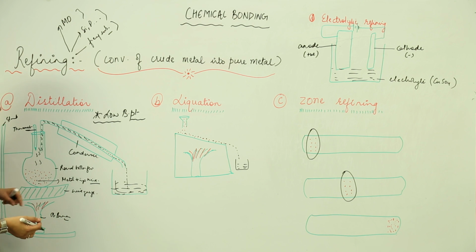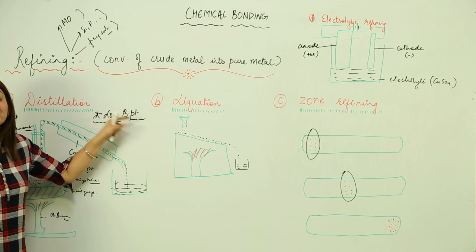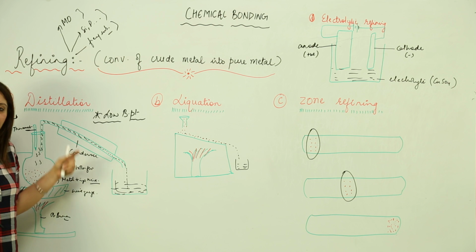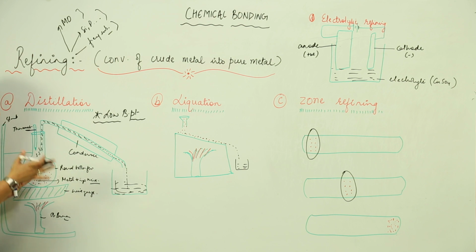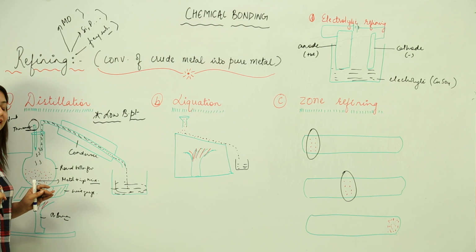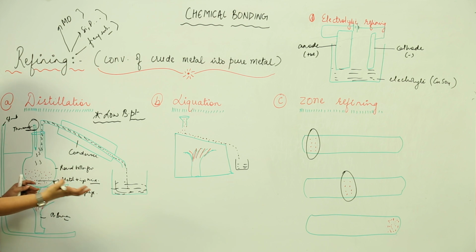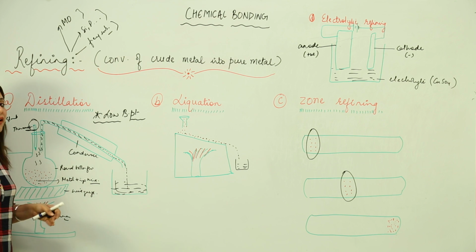But what about the impurities now? The impurities possess a higher boiling point as compared to the metal, so they will remain here, and we need to keep a check on this thermometer. That is why we have put this thermometer inside, so that the temperature does not rise too much, because if it exceeds a certain limit, the impurities may also form vapor and pass along with the metal into the condenser, and we won't be able to separate the metal from the impurities.